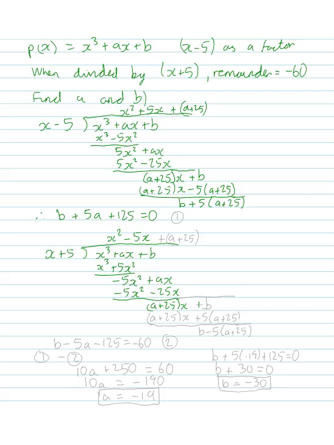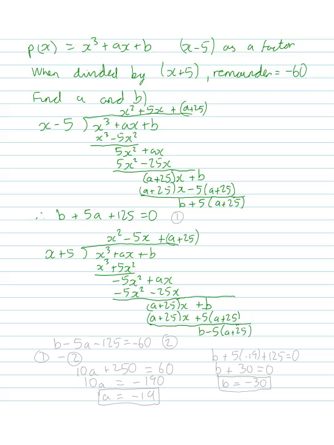And then we bring down the plus b, and again we're going to multiply by this wacky term a plus 25. That gives us a plus 25x, and it gives us plus 5 outside of a plus 25. Now this time when you subtract those out, you should get a remainder, and you get b minus 5 outside of a plus 25.